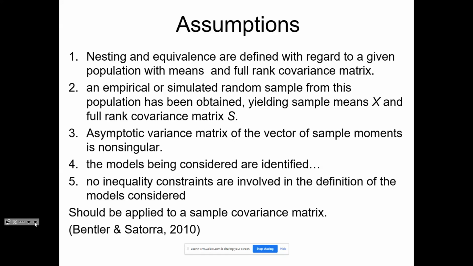We're not going to impose any inequality constraints here, okay? And we're going to use a sample covariance matrix. So the most important things here: you have to have a matrix that makes sense, you have to have models that are identified, and we're not going to be using any equality constraints, which is actually kind of important.